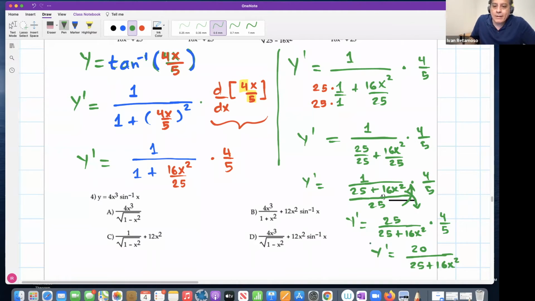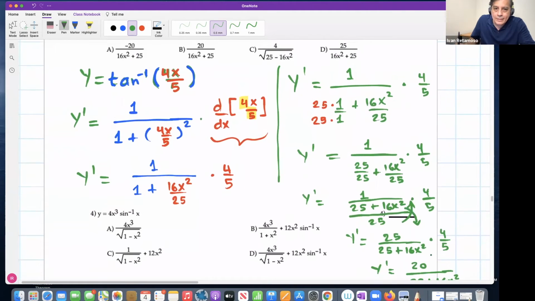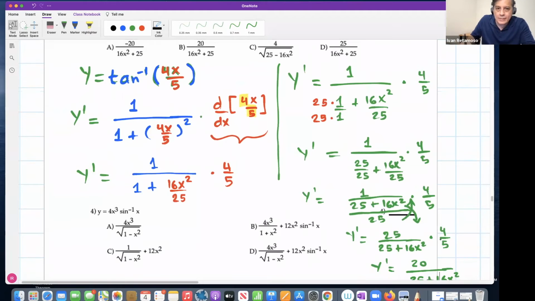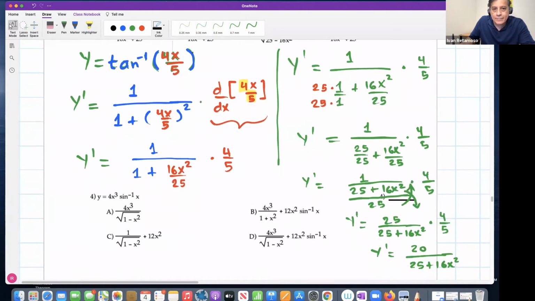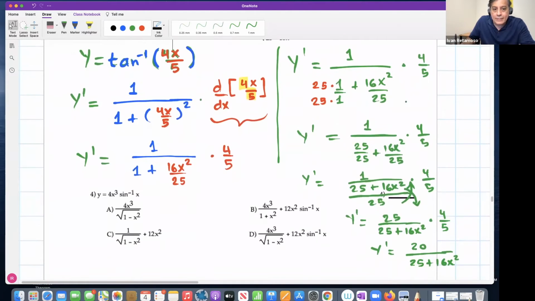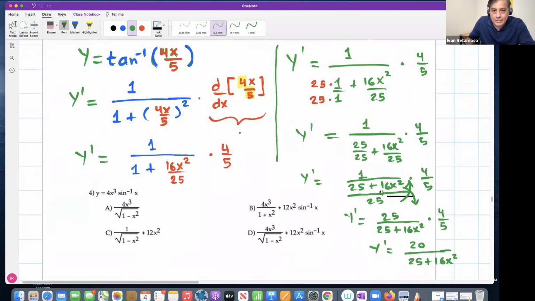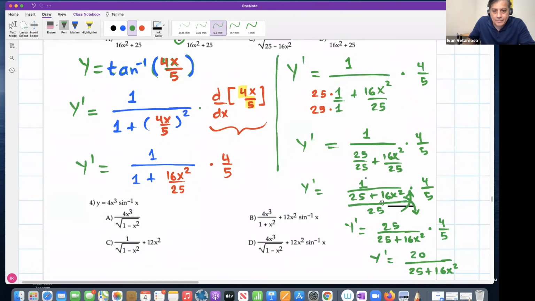So this should be the final answer, after some heavy algebra there, but if you follow all the steps, you should end up here, which is the answer. Choice B. Follow, guys? Now, following this technique, can you try this one?